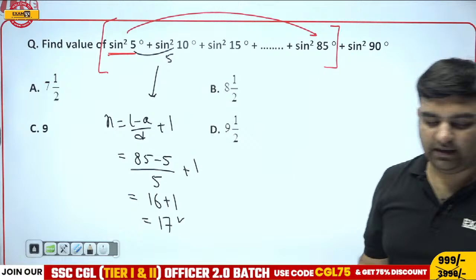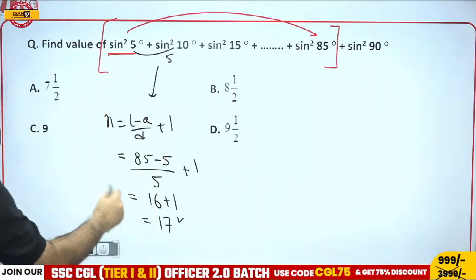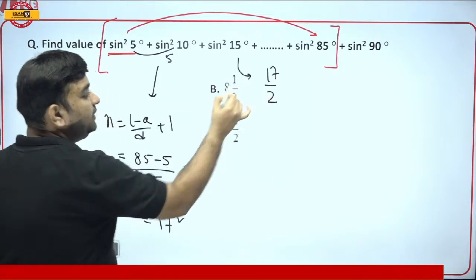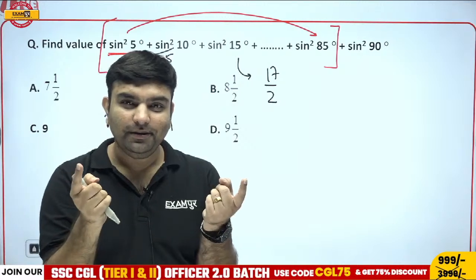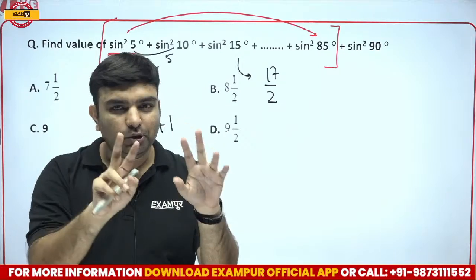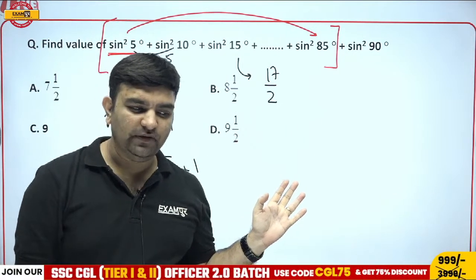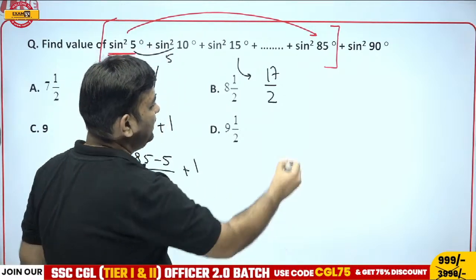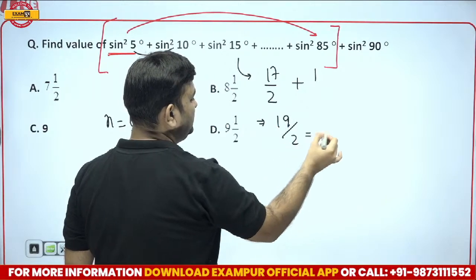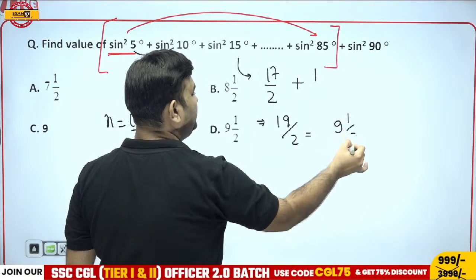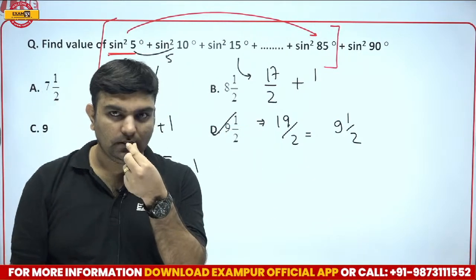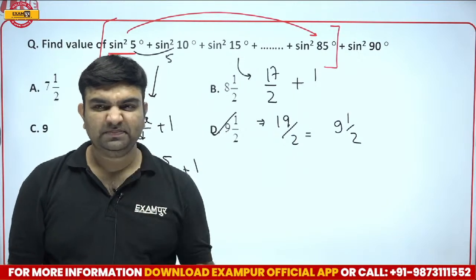So the answer of this portion is 17 by 2, because 2 terms give 1. So 17 terms will give 17 by 2, and I have to add sine 90, which is 1, individually as well. So 19 by 2, 9 and 1 by 2 is the answer.